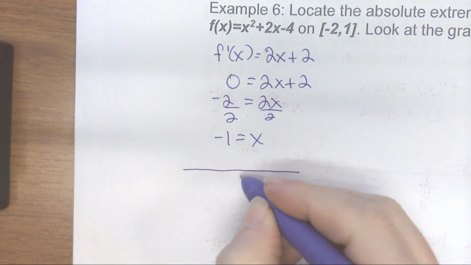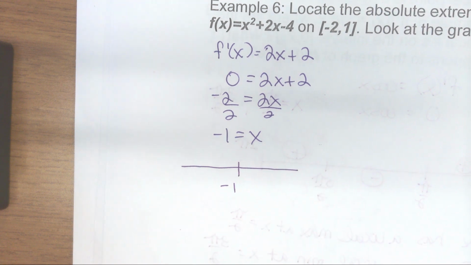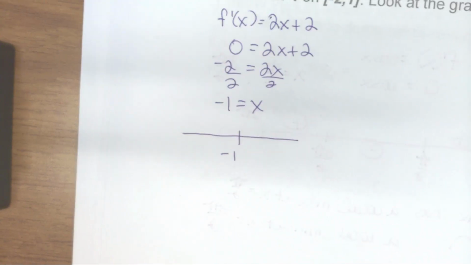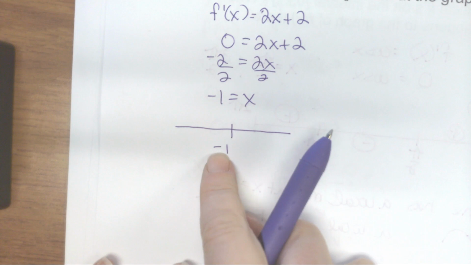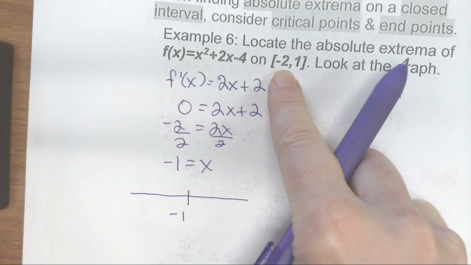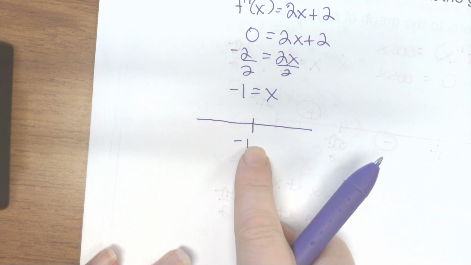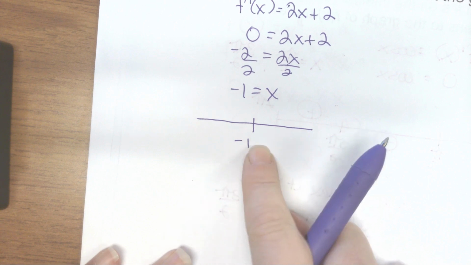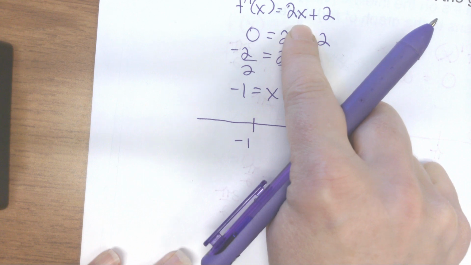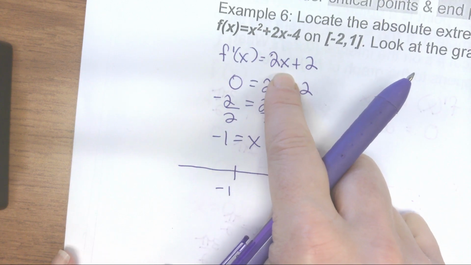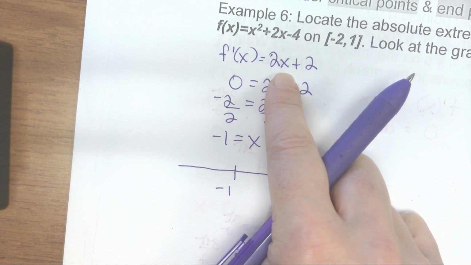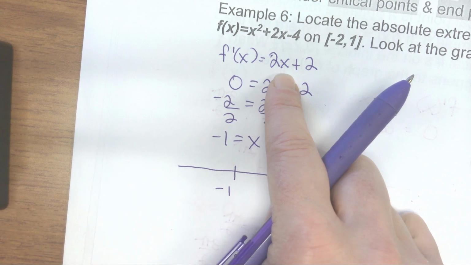Let's put negative 1 on here. Let's pick something to the left of negative 1. Remember, this is on the closed interval starting at negative 2. So I can check negative 2 if I want, or negative 1.5. If I put in a value like that, would this be positive or negative? Plug in something. Yeah, 2 times negative 1.5 is negative 3. Negative 3 plus 2 is negative. Okay.